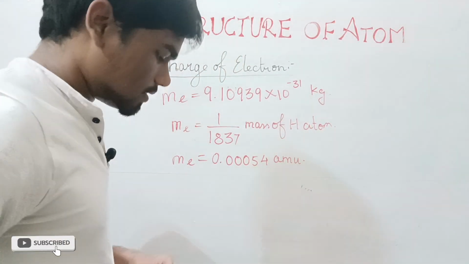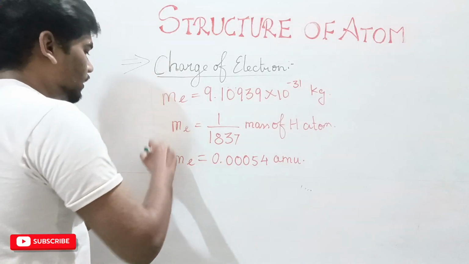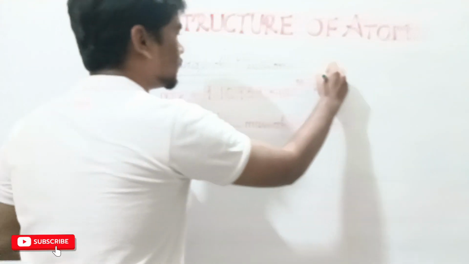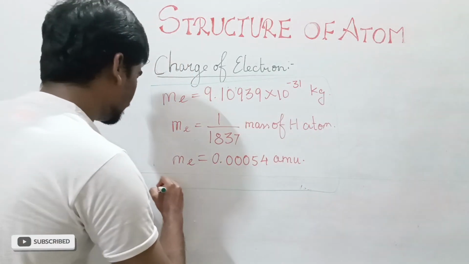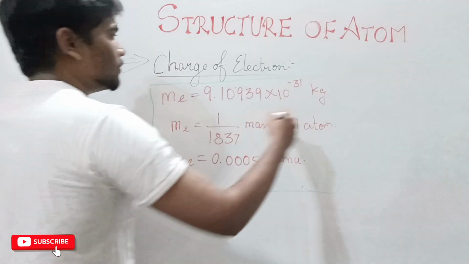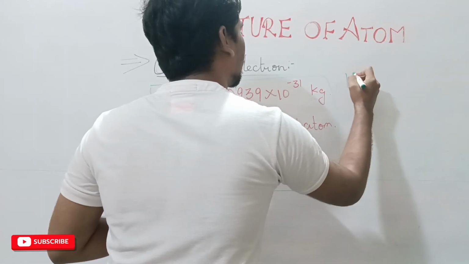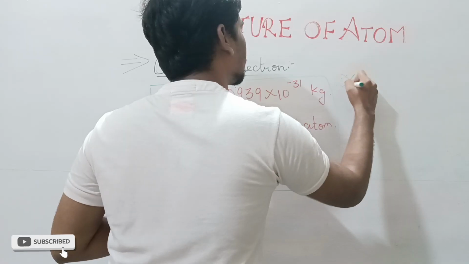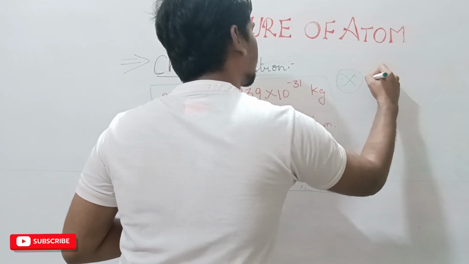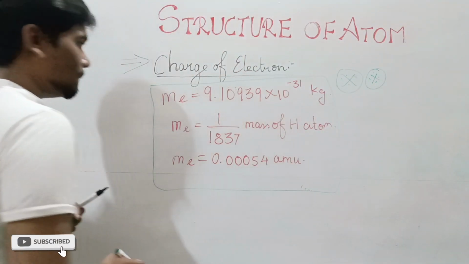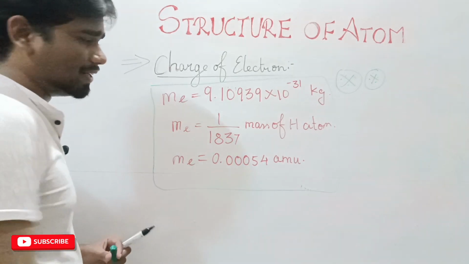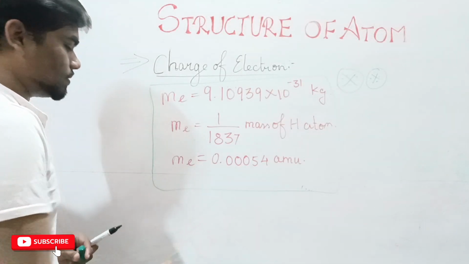I'm just highlighting it with another color so that you won't forget it at any cost. I'm also putting a star mark here. This is very important because you may get direct questions from this value.